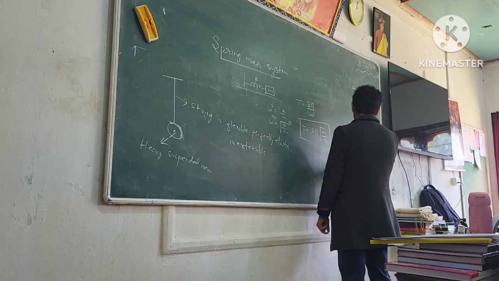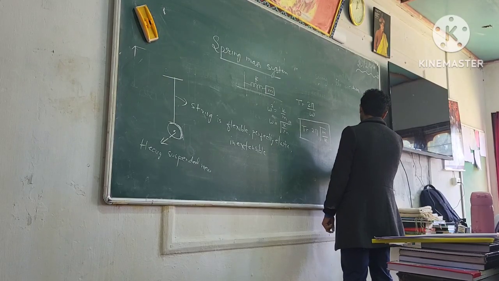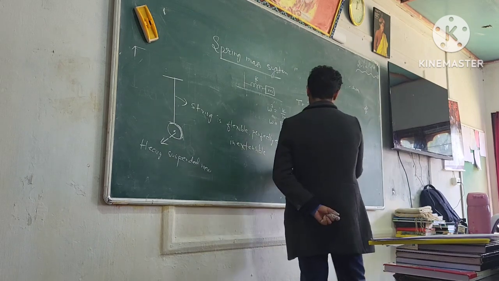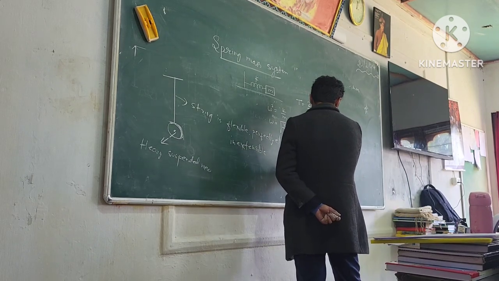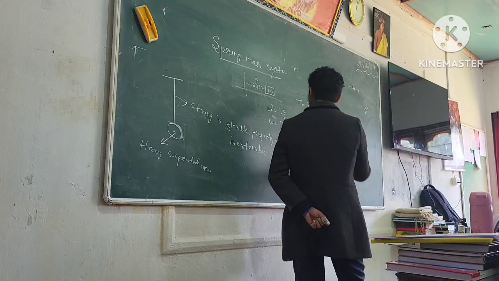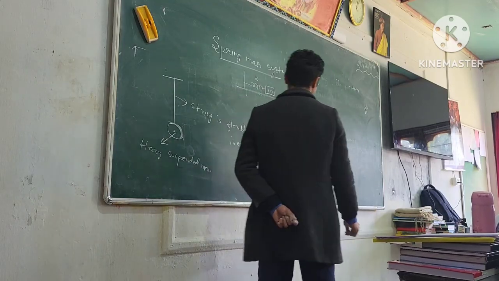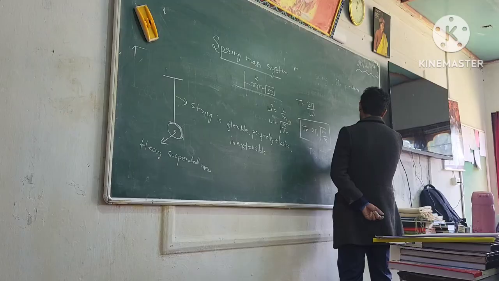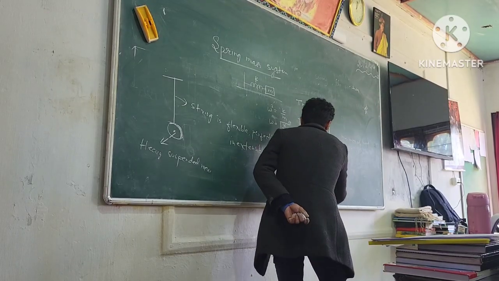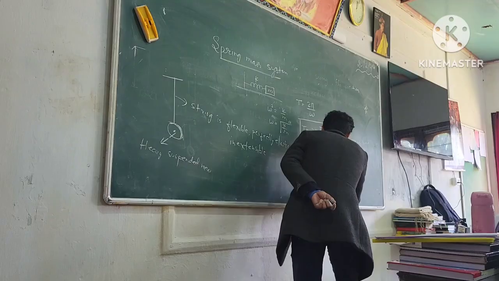Sometimes they might ask you this question. It's not that difficult. The time period is directly proportional to the mass of the load, not the spring, and inversely proportional to the spring constant.